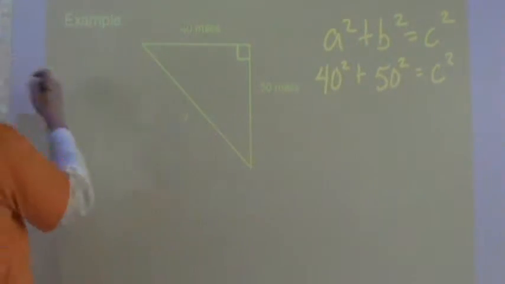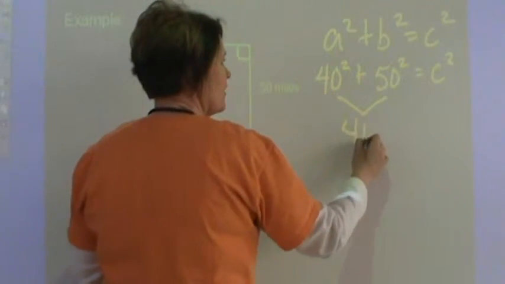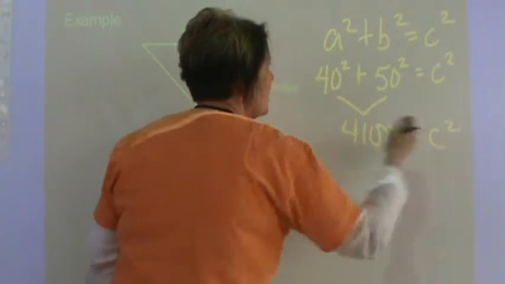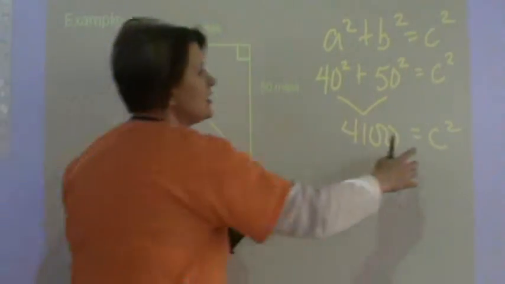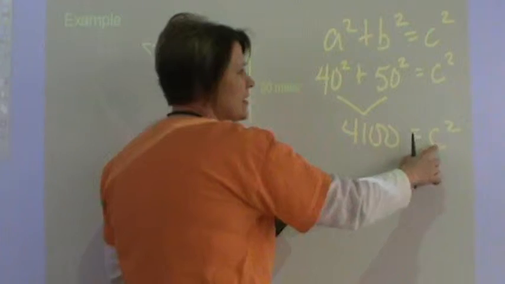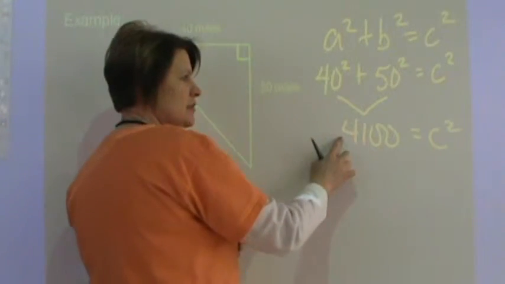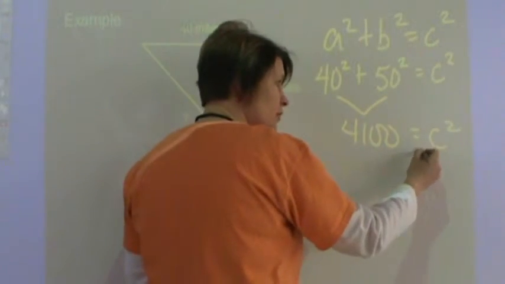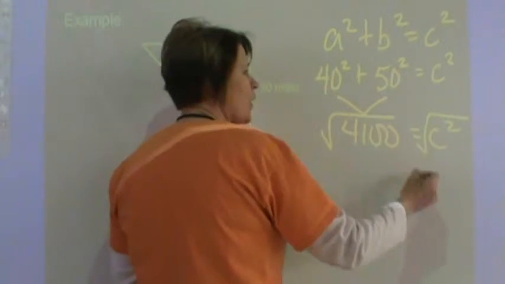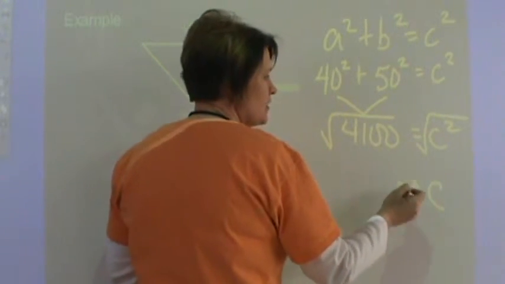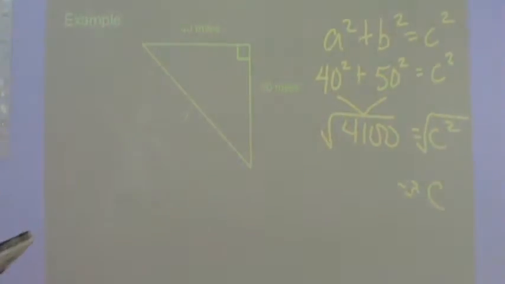Okay, let's just change this to 4,100. Now what I want to do is I want to know what c is. C squared is 4,100. So something times itself gets me 4,100. To undo that, I have to do the square root. So I'm going to take the square root of 4,100.